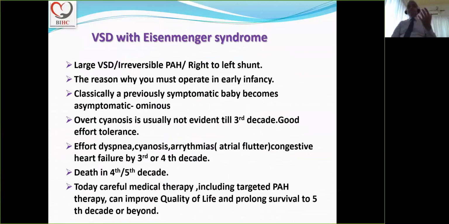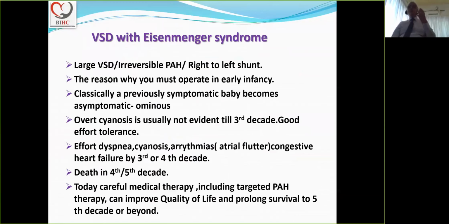And effort dyspnea, cyanosis, arrhythmias, particularly atrial flutter, and congestive heart failure are evident by third or fourth decade. Death occurs in fourth or fifth decade, and the death may be related to a hemoptysis, it may be related to a syncope, it may be related to arrhythmia, it may be a gradual slipping away due to right heart failure. These are all the outcomes that await patients with Eisenmenger syndrome.